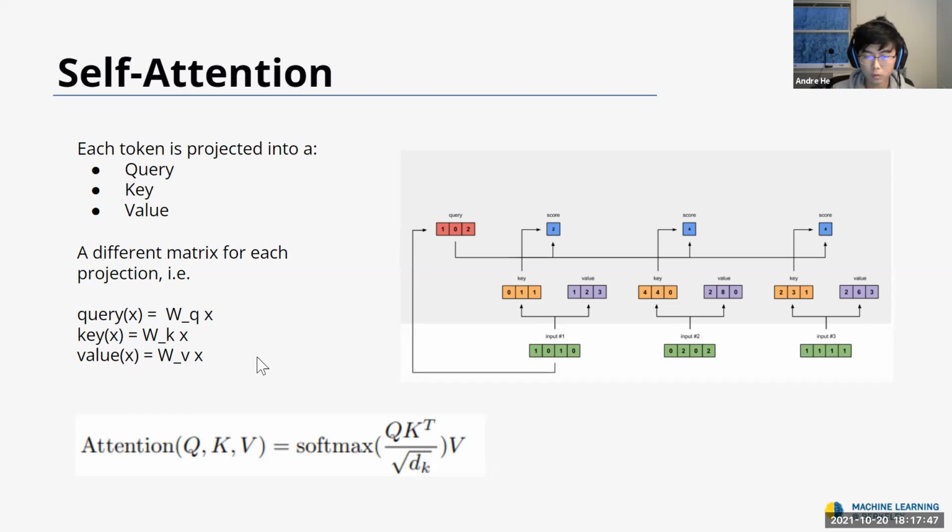Of course, you'll have to do some extra math to make sure the magnitude is right. So what they did in their paper is they scaled it down by the square root of the dimension of these vectors. And they took the softmax of it. So if you remember, softmax interprets the scores as a probability distribution. So one obvious thing that it does is it normalizes so that they add up to 1.